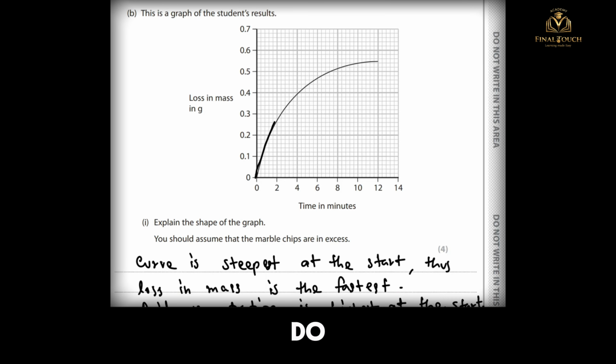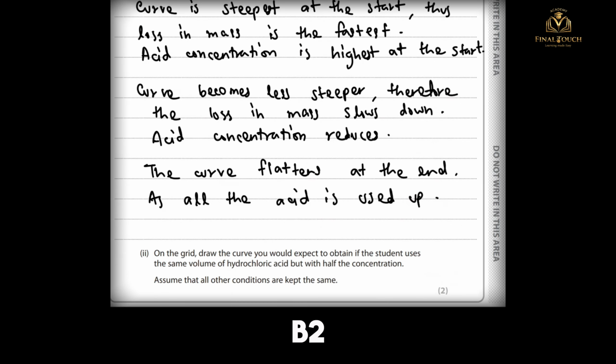Since the curve becomes constant around 0.55, in this case the curve will become constant at nearly 0.3. The curve should be something like this. So that's your answer for part B2.